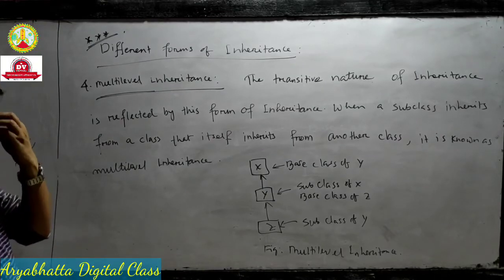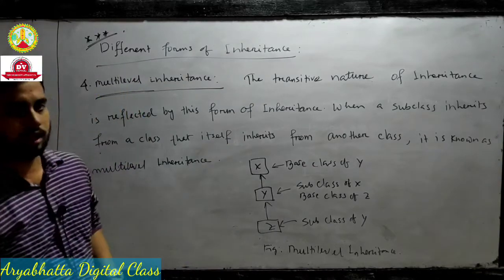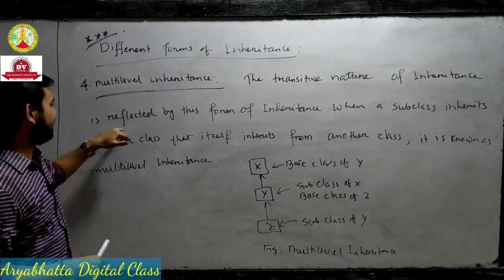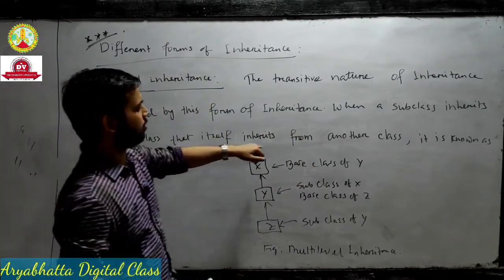Transitive means one from the another, means transit, changing nature. Okay, I told you how it changes. It is reflected by this form of inheritance when a subclass inherits from a class that itself inherits from another class.